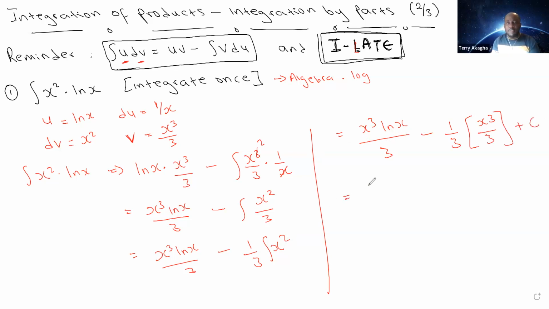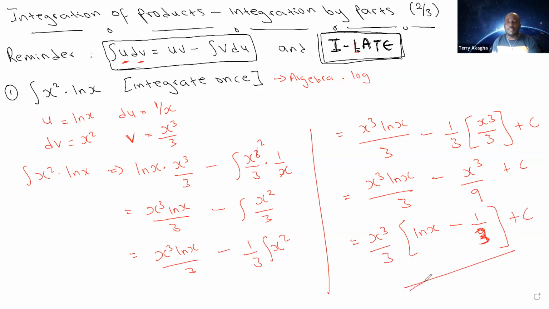That gives you x cubed ln x over 3 minus, you open the bracket, x cubed over 9 plus c. Now you can collect like terms, and that gives you x cubed over 3 times, we're left with ln x minus 1 over 3, sorry, this is 3, so it's 1 over 3, plus c, and that's the answer for that.